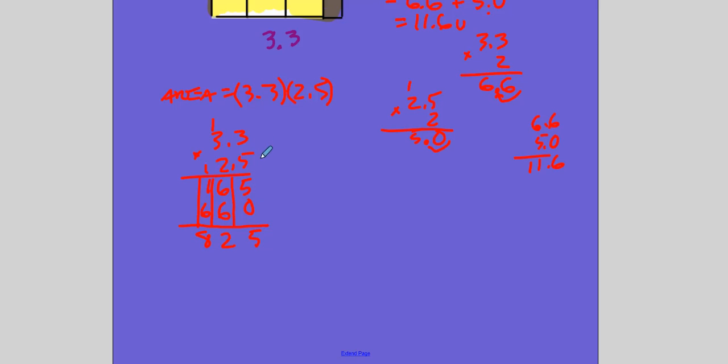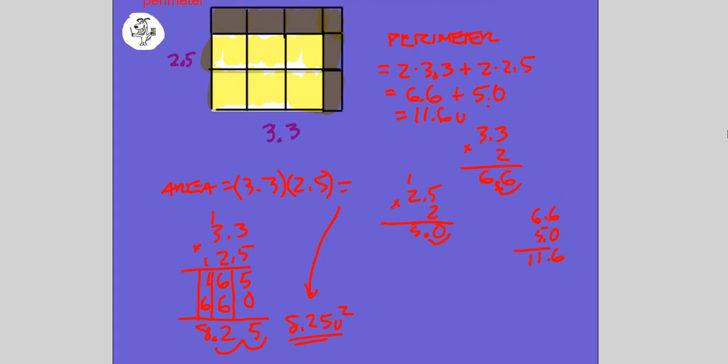That's 8. Now I have 2 places behind a decimal point. So every place behind a decimal point is the same as dividing by 10. So I'm going to move the decimal point 2 places to the left. So that is 8.25. So the area is 8.25 square units, as opposed to the perimeter, which was units.